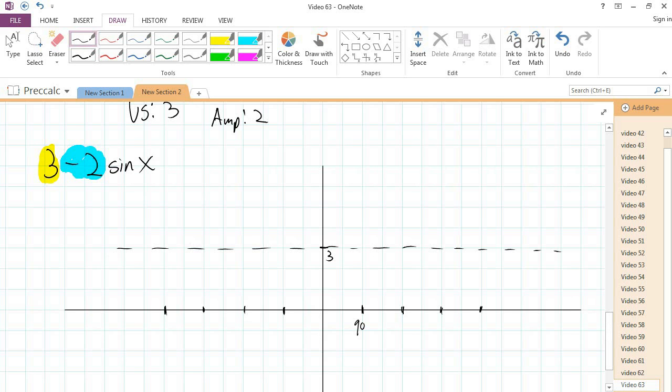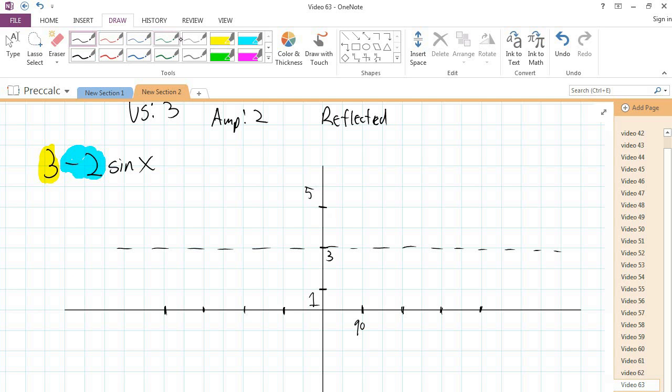I have a -2 times the sine. My amplitude is still +2, meaning from my middle, I'm going to go up 2 blocks to 5. That's my high mark. Down 2 blocks to 1. That's my low mark. This negative means that I'm reflected, meaning that when I do my sine dance, I'm going to exchange my highs and my lows.